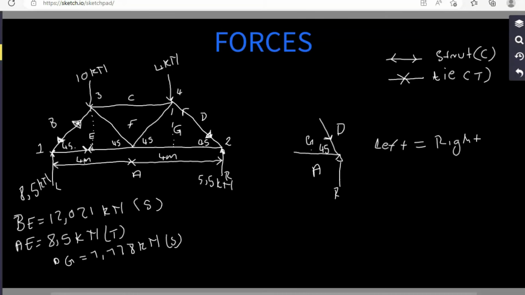Therefore, we are going to point AG to the left-hand side. So to the left is AG, which is what we are looking for, and to the right is the horizontal component of DG, which will give us DG cos 45.